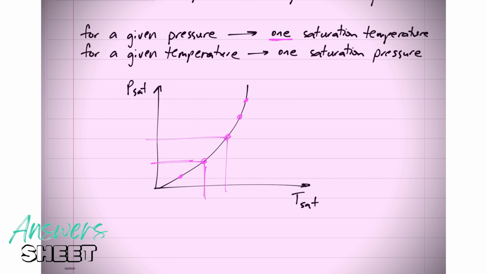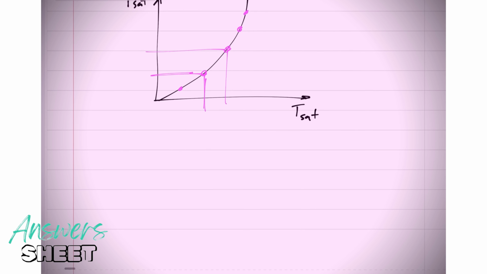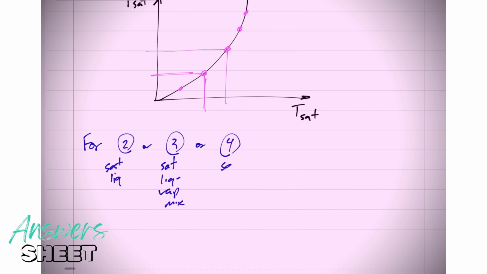Okay? So because there's this 1-to-1 relationship, if I am at point 2, whether a saturated liquid, a saturated liquid-vapor mixture, or a saturated vapor, anywhere on 2, 3, 4, then I am at the saturation temperature and pressure.